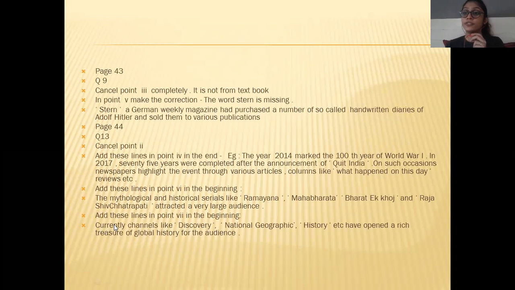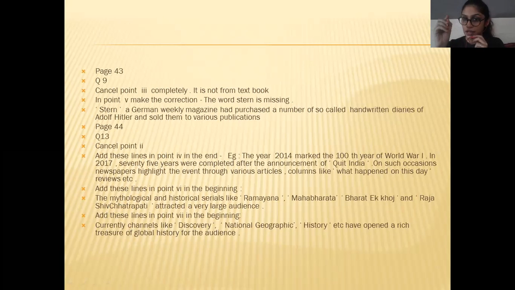At the beginning of the 7th point, you have to add these. Currently, channels like Discovery, National Geographic, History, etc. have opened a rich treasure of global history for the audience. So, there are a few corrections. Make those corrections. First correction, you are cancelling point 2 completely.